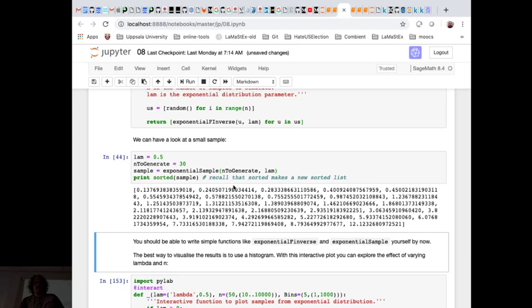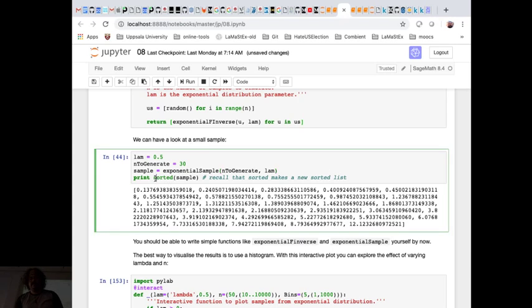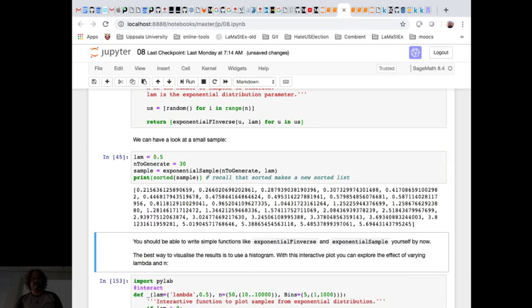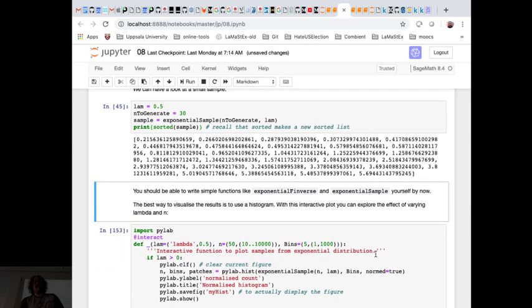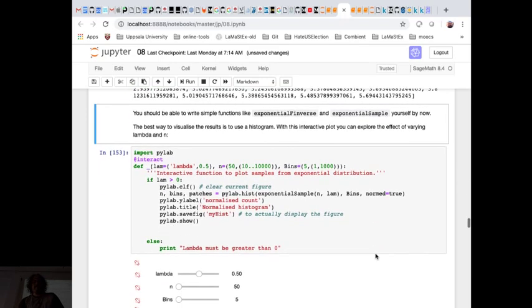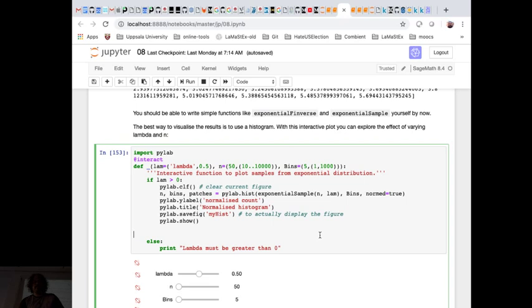In Python 3, you have to put parentheses around prints, but in Python 2 you don't. So this doesn't harm Python 2 either. That's just printing, and I've sorted the samples. I got a bunch of samples and then I just sort them.